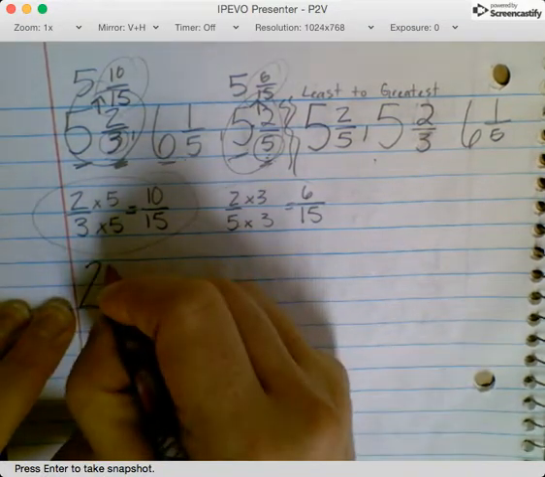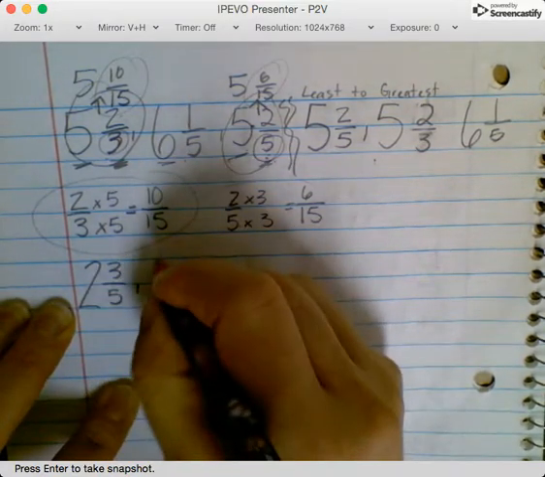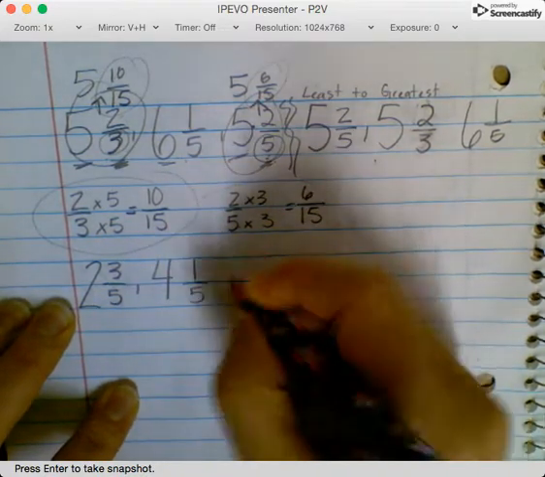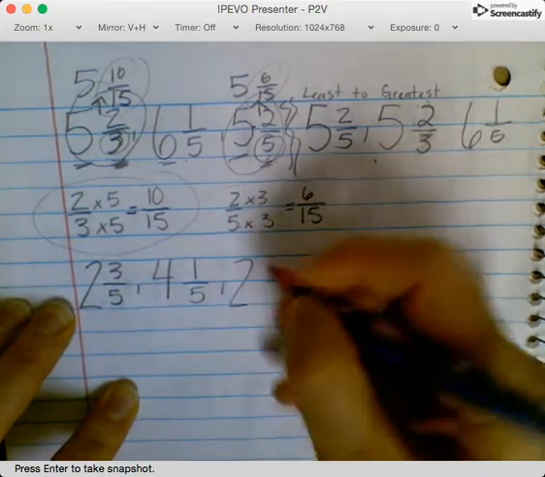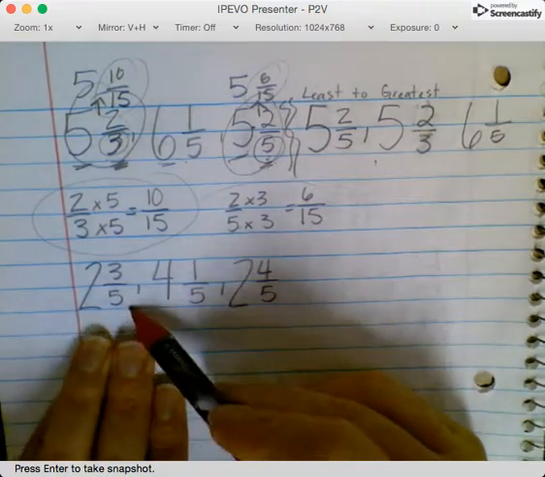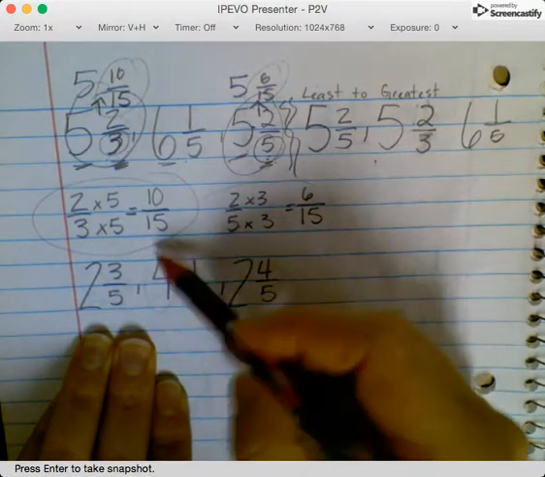2 3/5, 4 1/5, 2 4/5. Now this one is pretty simple because all the denominators are the same. We just have to look at the whole number first.